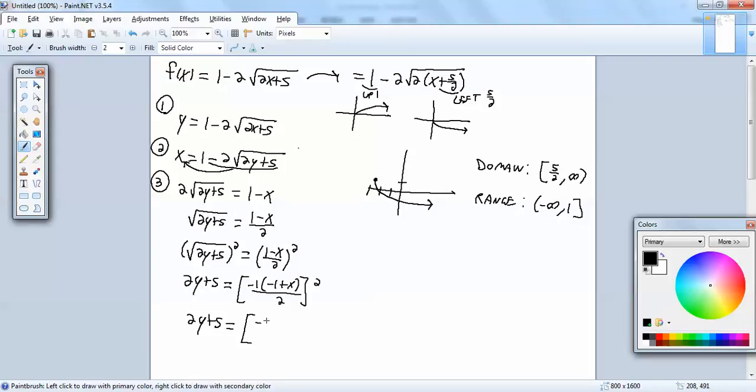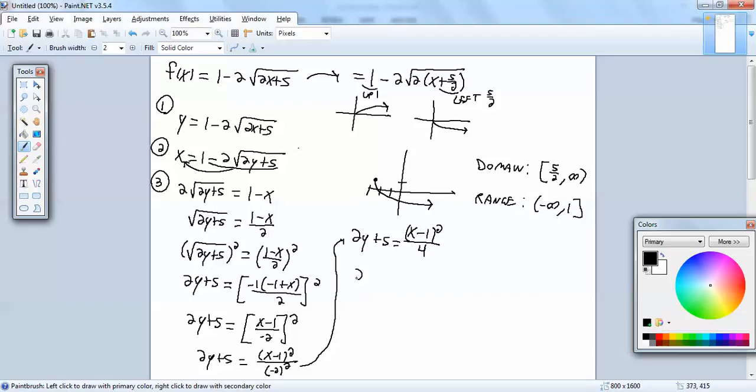So that becomes x minus 1 up on top, and negative 2 down below, squared. So we have 2y plus 5 equals x minus 1 squared over negative 2 squared. So 2y plus 5 is equal to x minus 1 squared over 4.